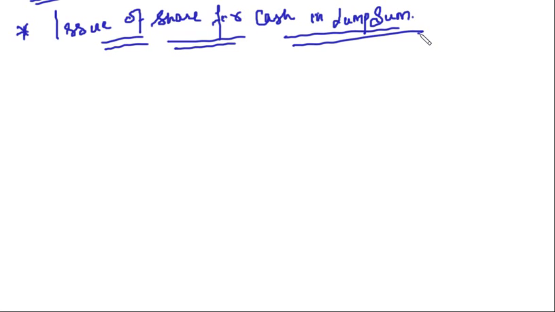So we want written applications from all the people who are interested in subscribing to our shares, right? We ask for applications, and along with the applications, we say that you pay us the application money. That is the deposit money, and this money will be adjusted on allotment of shares and further.